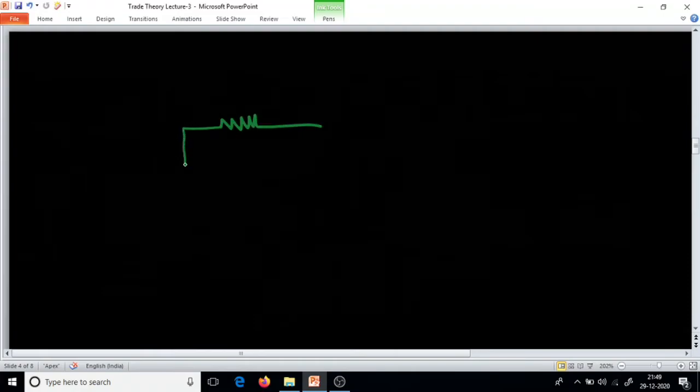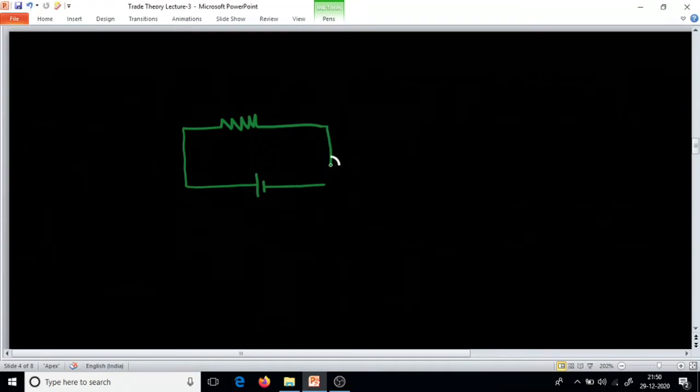All conductors will have resistance, so we can represent it with a resistance. We have a battery, and one switch is also there. This is a battery voltage V. This will be the plus, this will be the minus.